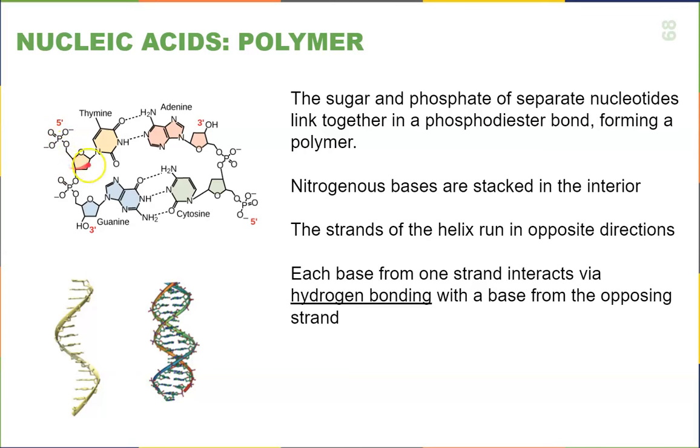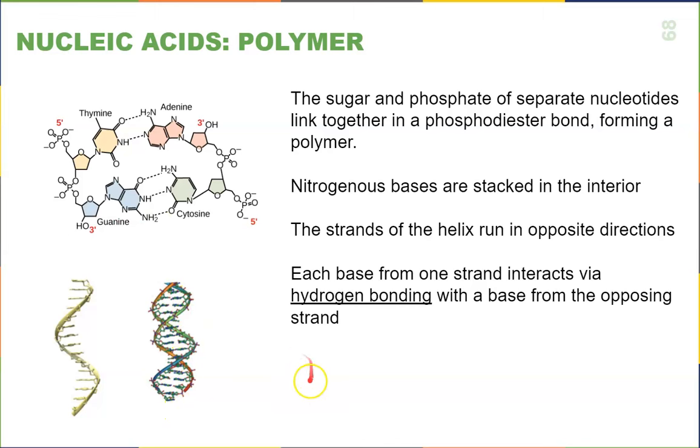It has the phosphate, the sugar, and then the nitrogen group. Those are going to be linked together, phosphate to sugar. That forms a backbone, right? And then the nitrogen groups form what we like to call the rungs of the ladder.